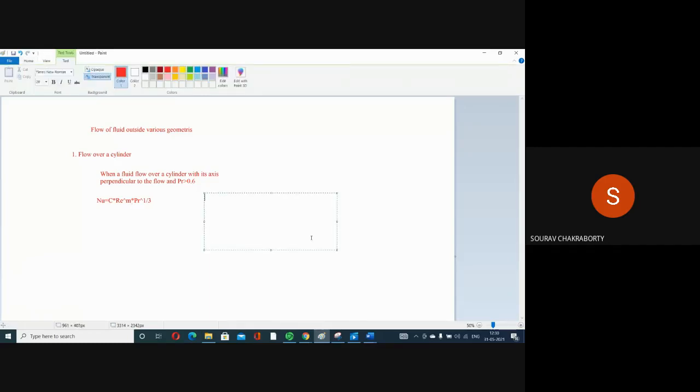So we will make a chart here: Reynolds number, then m value, then capital C value.